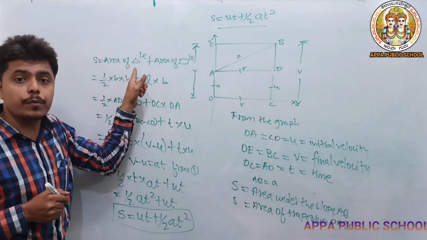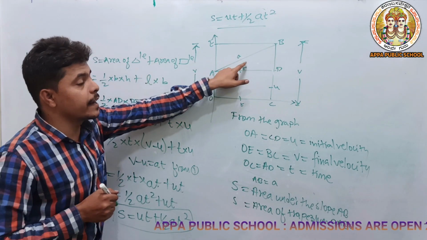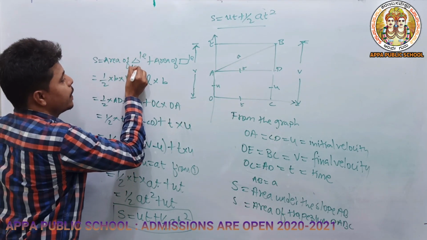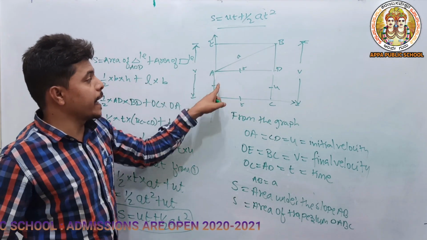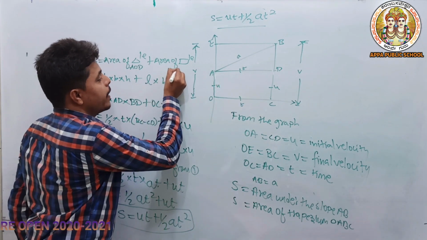S is equal to area of triangle plus area of rectangle. The triangle here is ABD, so area of triangle ABD, and area of rectangle OADC.